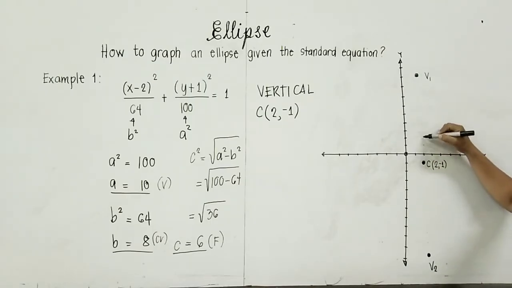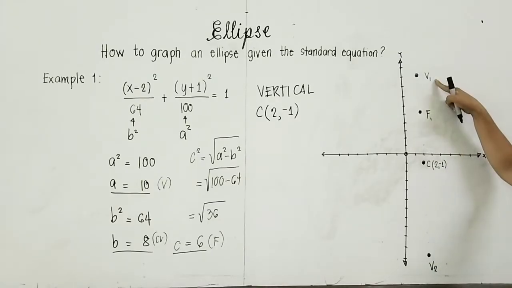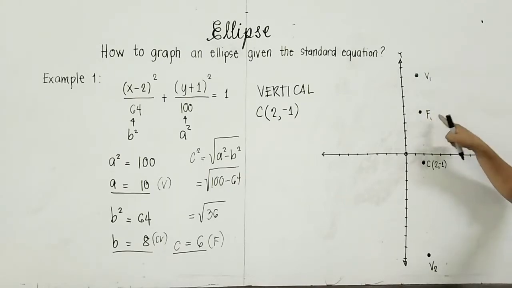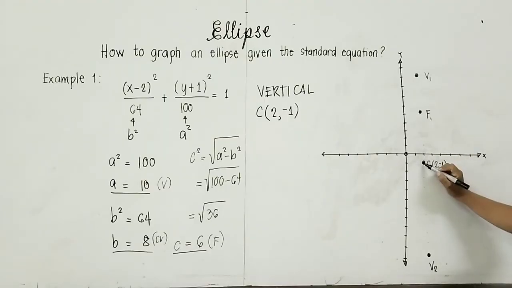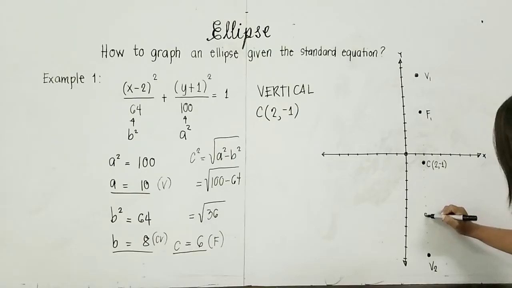So 1, 2, 3, 4, 5, and 6. This is our focus 1 because we have here our vertex 1. If you assign this as vertex 2, you will put here your focus 2 also. So again, downward 6 units: 1, 2, 3, 4, 5, 6. So we have here F sub 2.